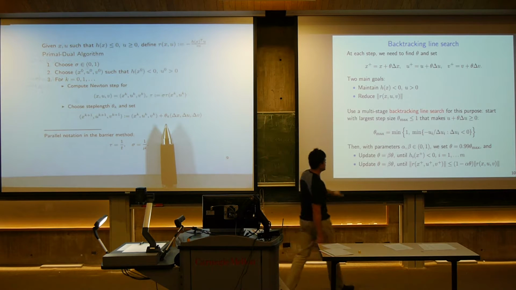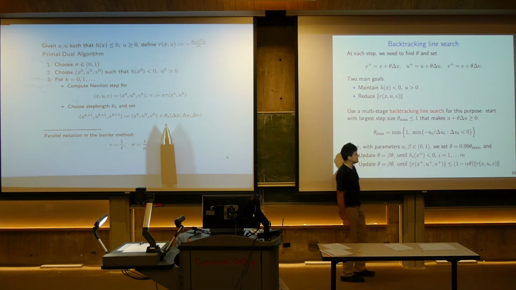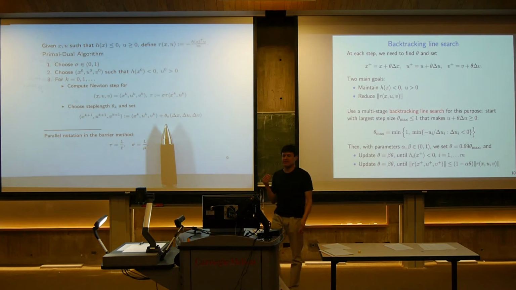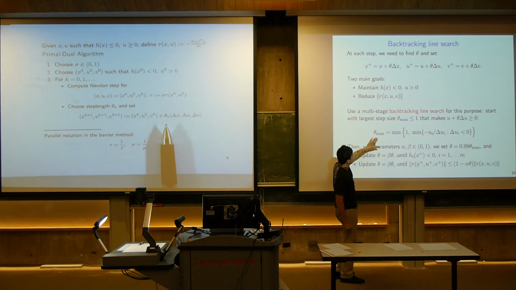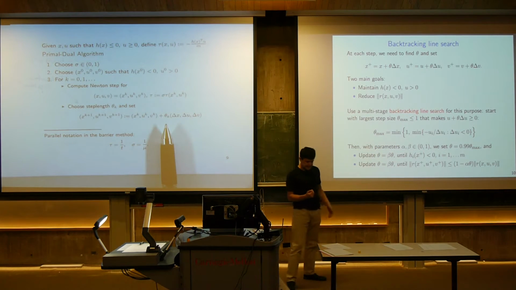So we choose theta max to be the minimum of all those numbers. This ensures that if we take any step length up to theta max, the new u will still be non-negative. And it also ensures that the step is bounded by 1.